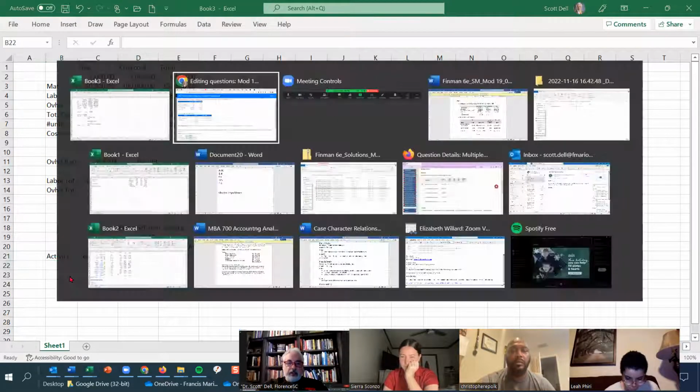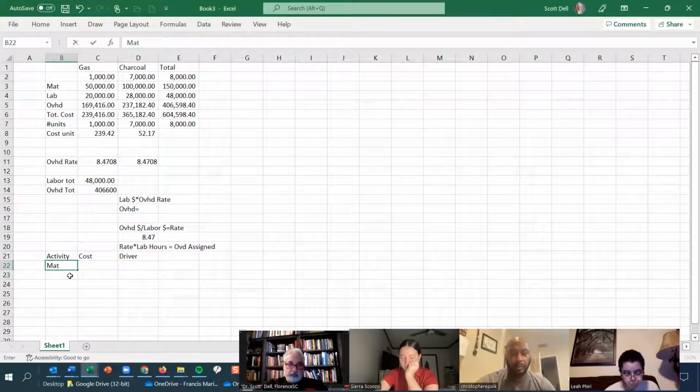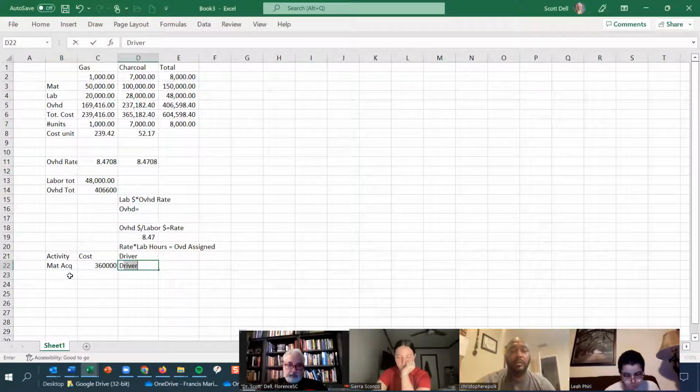What's the activity I'm looking at? I'm going to start with materials acquisition inspection. Total cost is going to be 360,000. The driver is direct material cost.